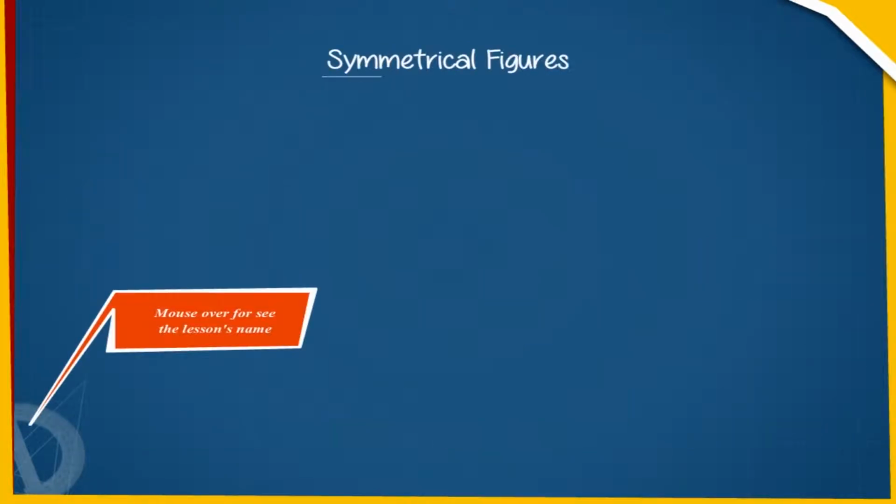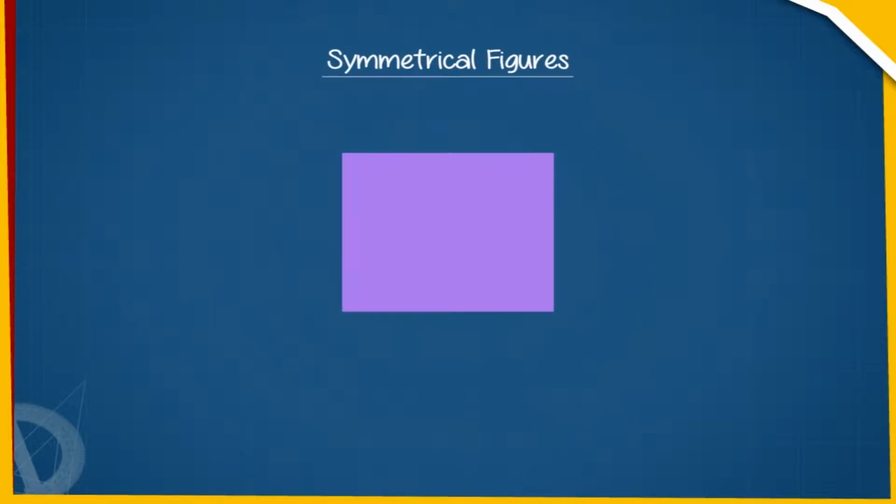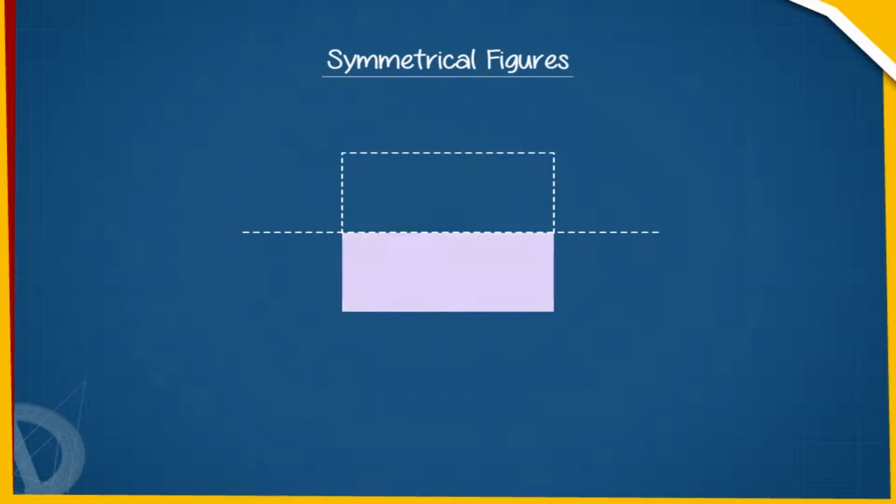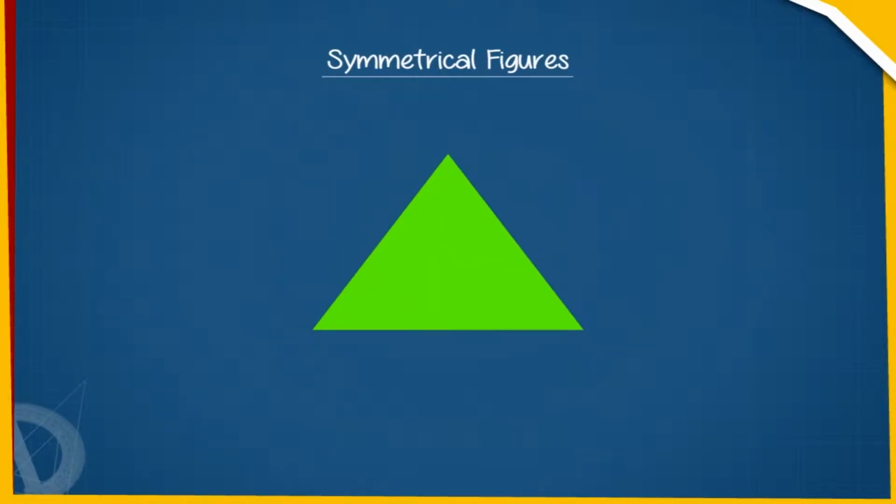Symmetrical figures. Let us take a square. Now we fold it in two equal halves in such a way that both the halves overlap or cover each other exactly. Such figures are called symmetrical figures. The first figure is a triangle that can be divided symmetrically like this.